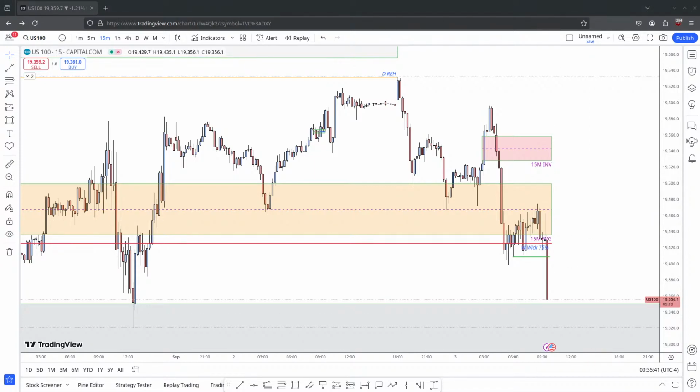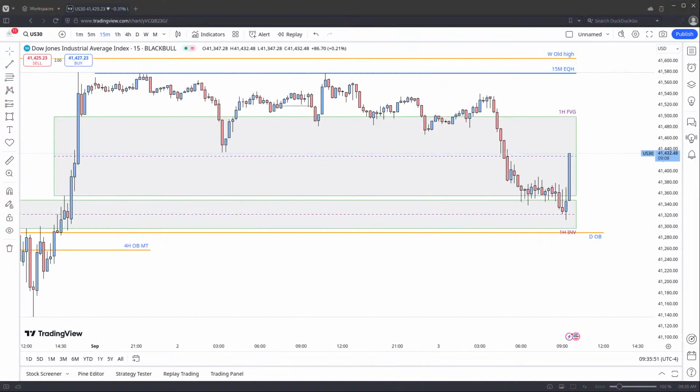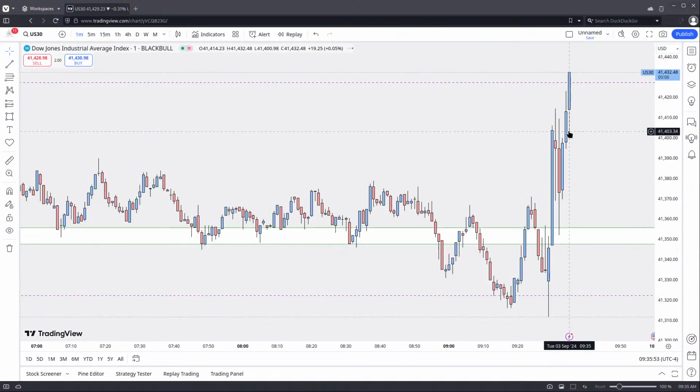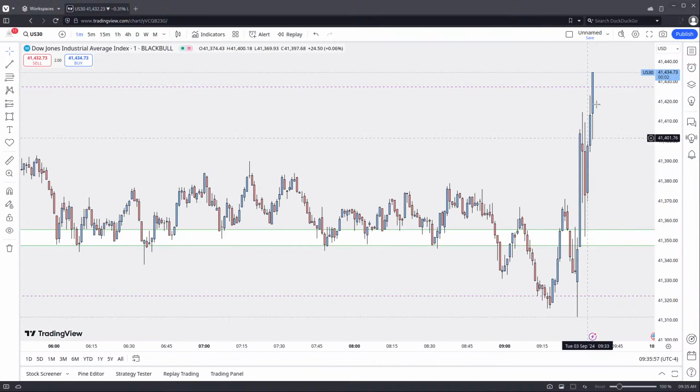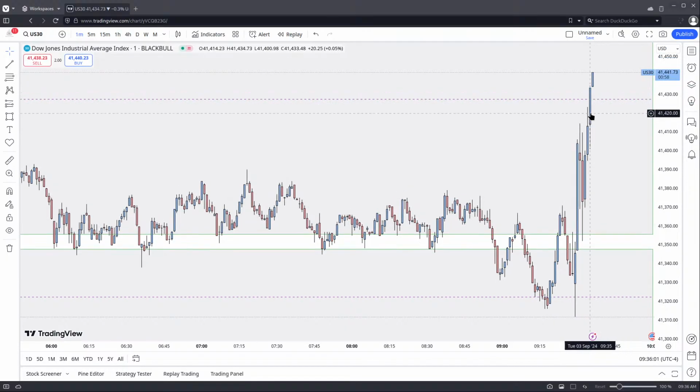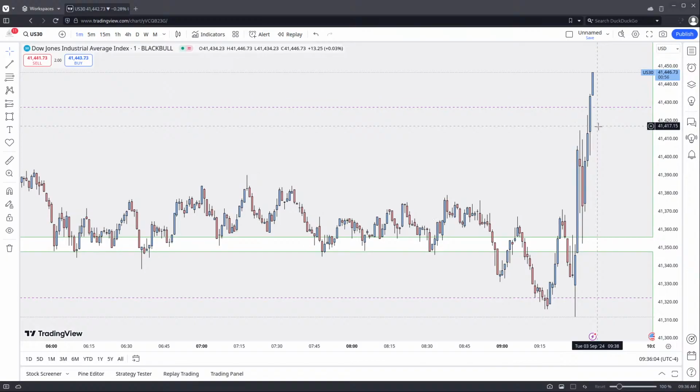So far, nothing that interests me at all. Don't like the fact that Dow is trading up higher, just trading against the other indices. Don't really like that.